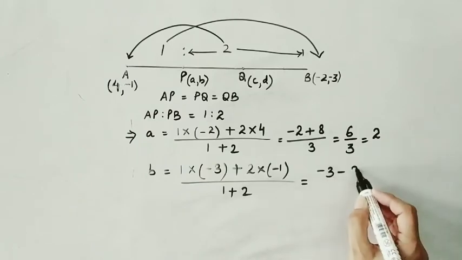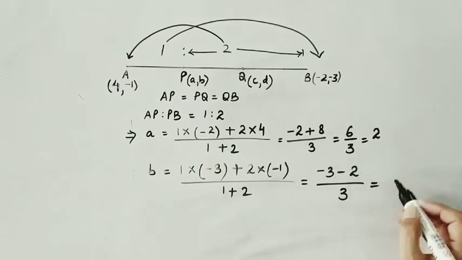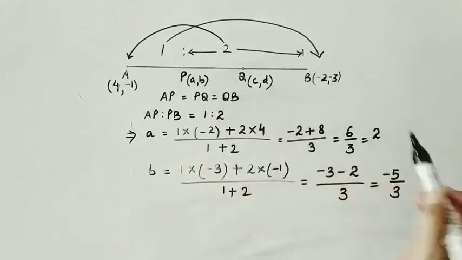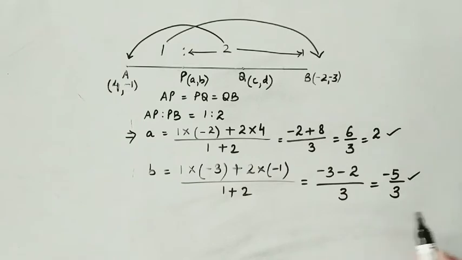This is (-3 minus 2) upon 3, which is -5 by 3. So (a, b) is (2, -5/3).